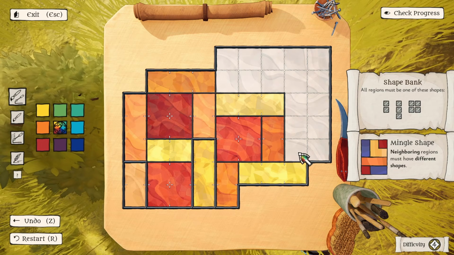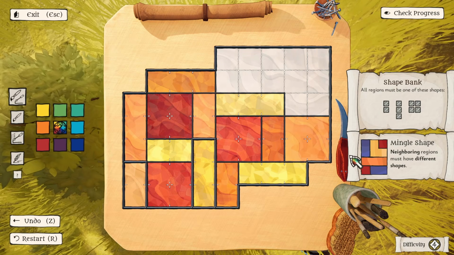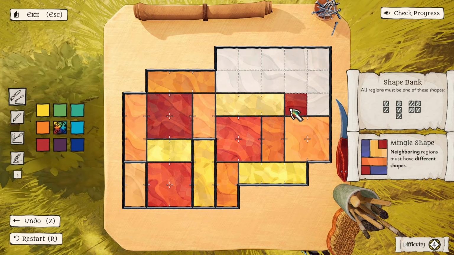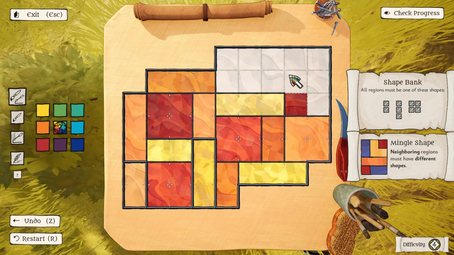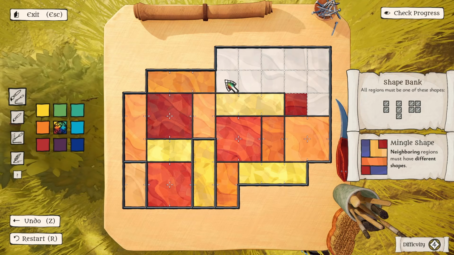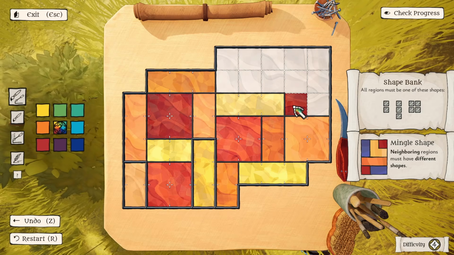So that's a 2. This is another 4. This has to be part of a 2. I can see a way to finish it.